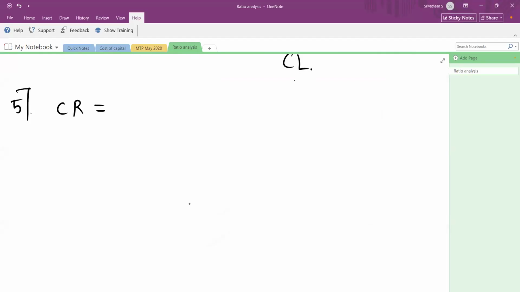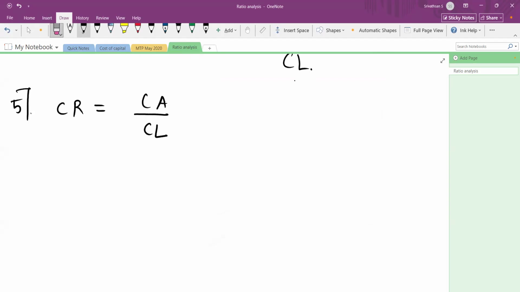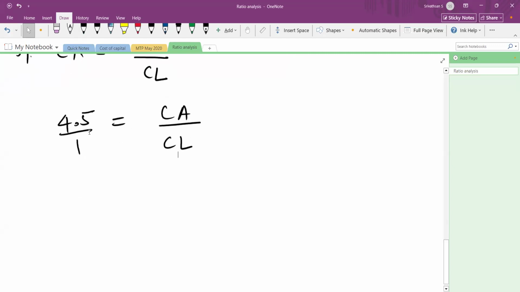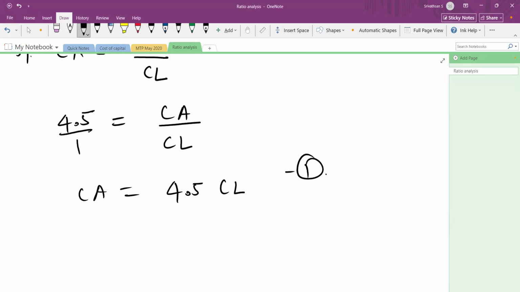First, current ratio is given, which is nothing but current asset by current liability. So current ratio is 4.5:1. So 4.5 by 1 is equal to current asset by current liability. So we can write the equation as current asset is equal to 4.5 times current liability. Write it as equation number 1.